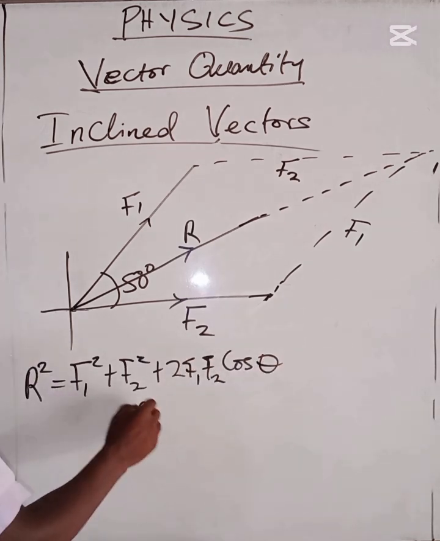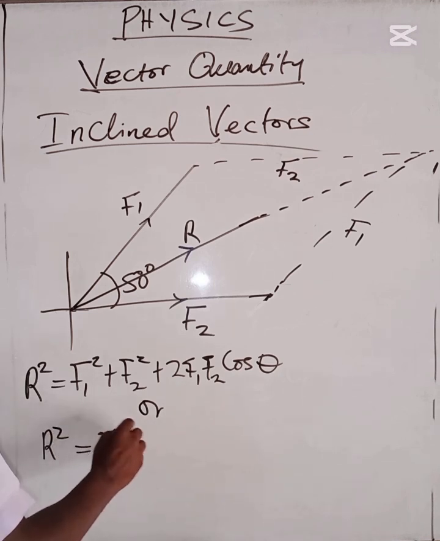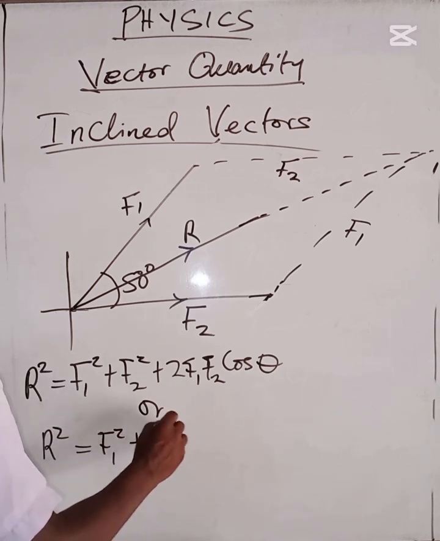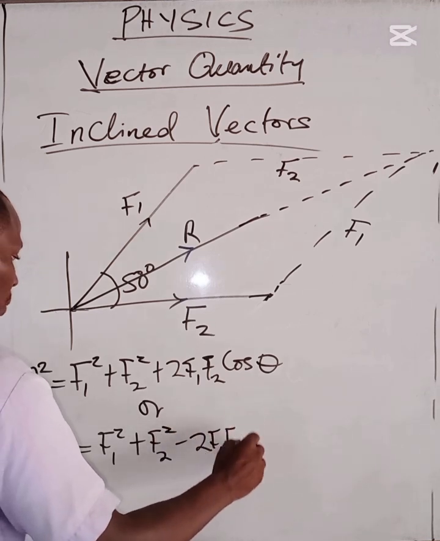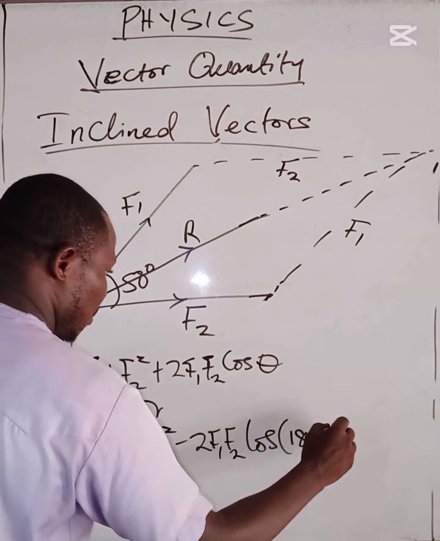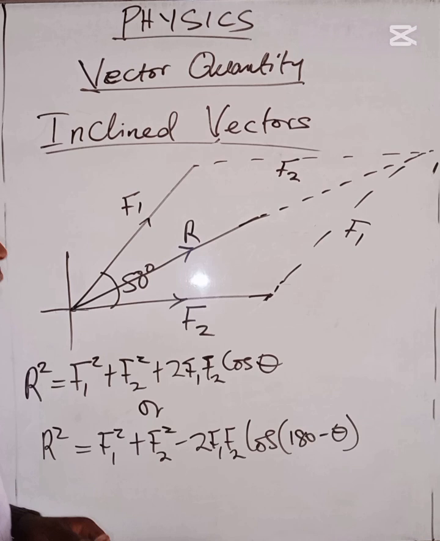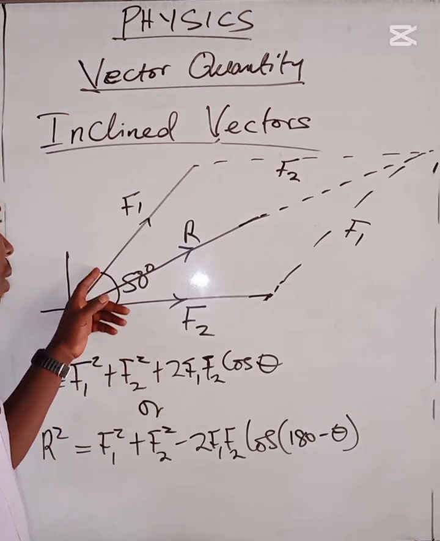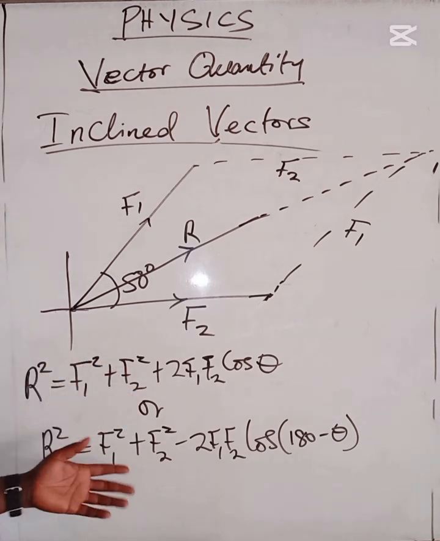Or you can as well use R squared equals F1 squared plus F2 squared minus 2F1F2 cos (180 minus theta), where theta is the angle between the vectors. Okay, in this case, the angle between the vectors is 50 degrees. So you can use any of these.